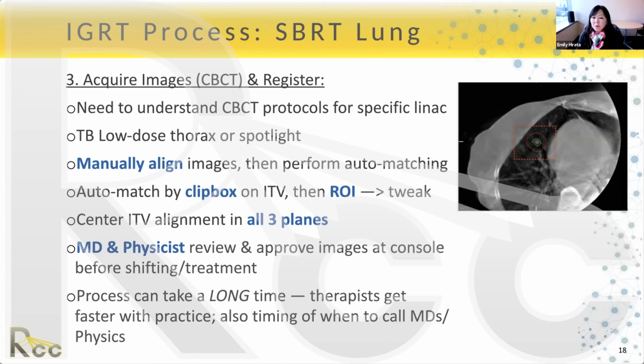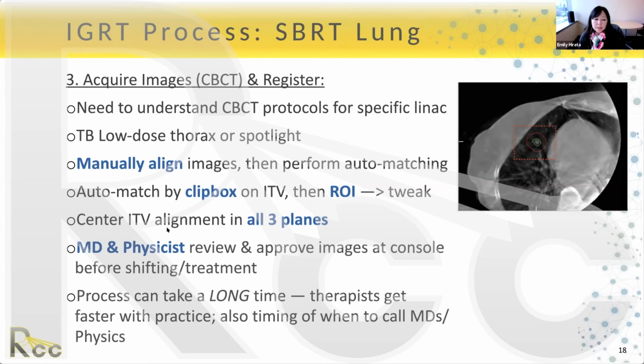So what we do at this point is we'll scroll through and check to see if it looks good. Some therapists will manually tweak. Those tend to be the more experienced ones, who know if I shift this way, how it's going to affect the other three planes. Other therapists who maybe are not as experienced will then use the ROI matching to further refine this alignment in the ROI region. So these are just some tips in terms of how we've approached it here.